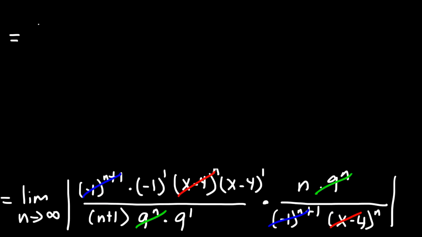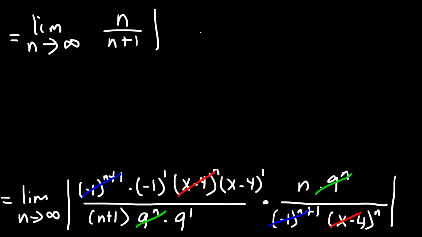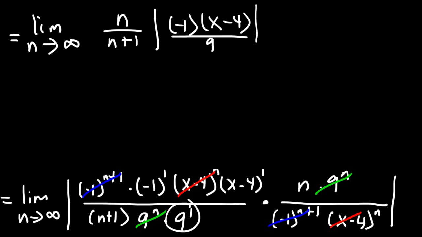So this is the limit as n goes to infinity of n over n plus 1, and then we have the absolute value of negative 1 times x minus 4. Now, as n goes to infinity, oh, let's not forget about the 9 on the bottom. So let's put this over 9.